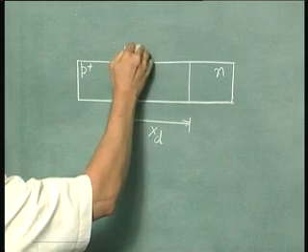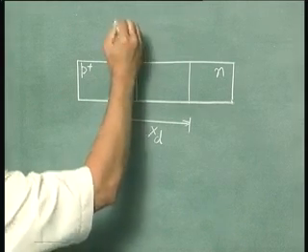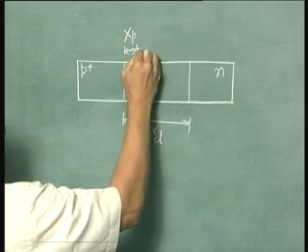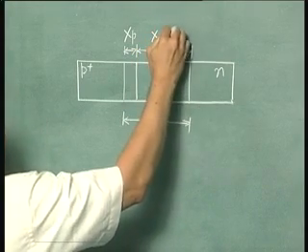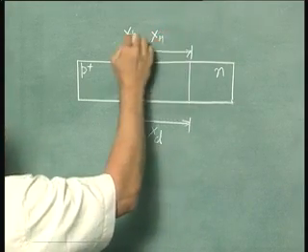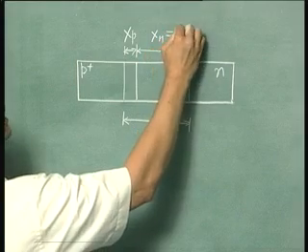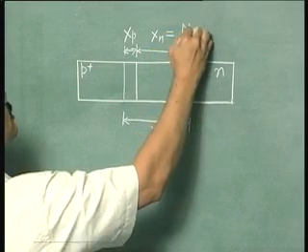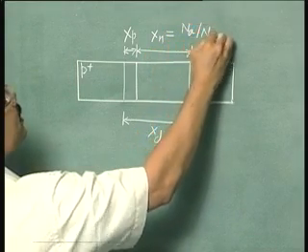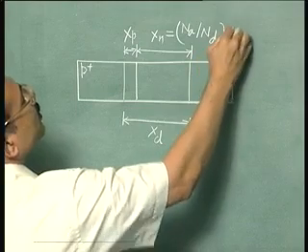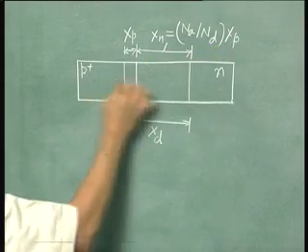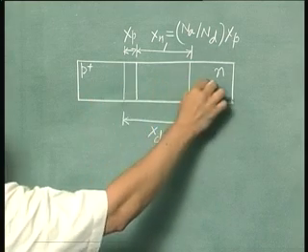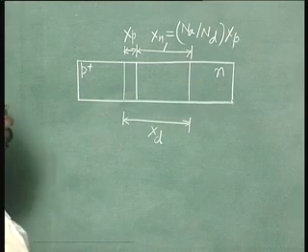Of this xd, xp is on the p side and xn is on the n side, where xn is related to xp by the formula xn is equal to Na upon Nd into xp. So this is the neutral region. These are the two neutral regions, and this is the space charge region.